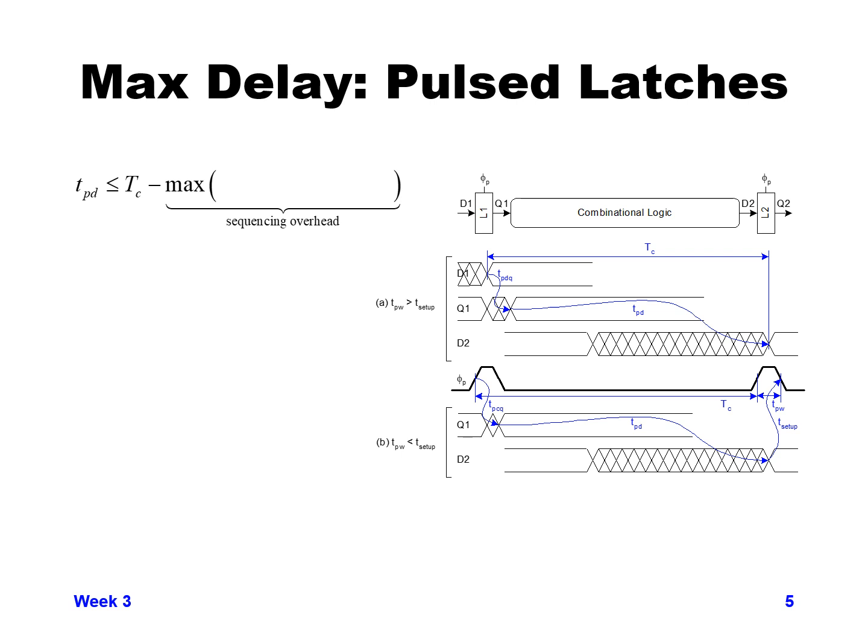And so that will determine what our cycle time is. So in this particular case, our sequencing overhead is just basically the propagation time through latch L1 from D to Q.